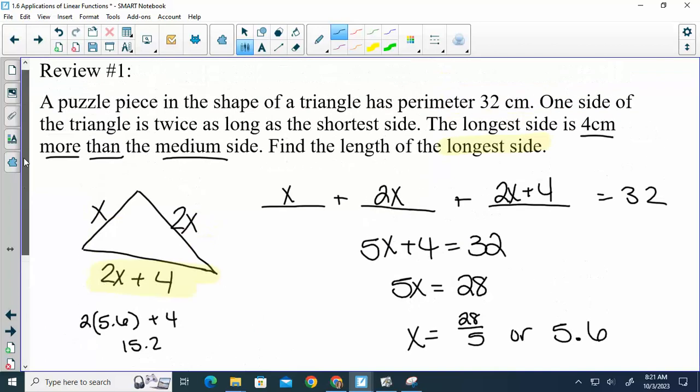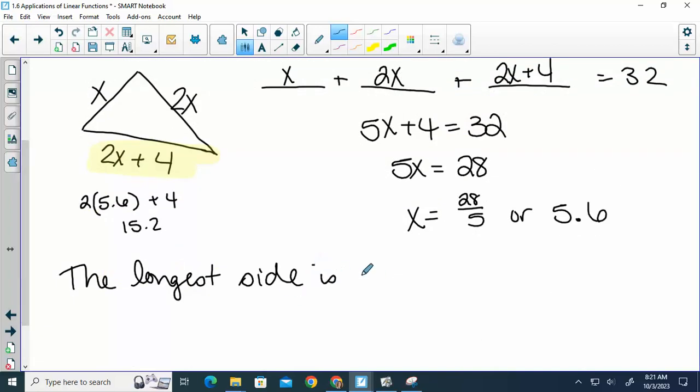So the longest side is 15.2 centimeters. Is that okay?